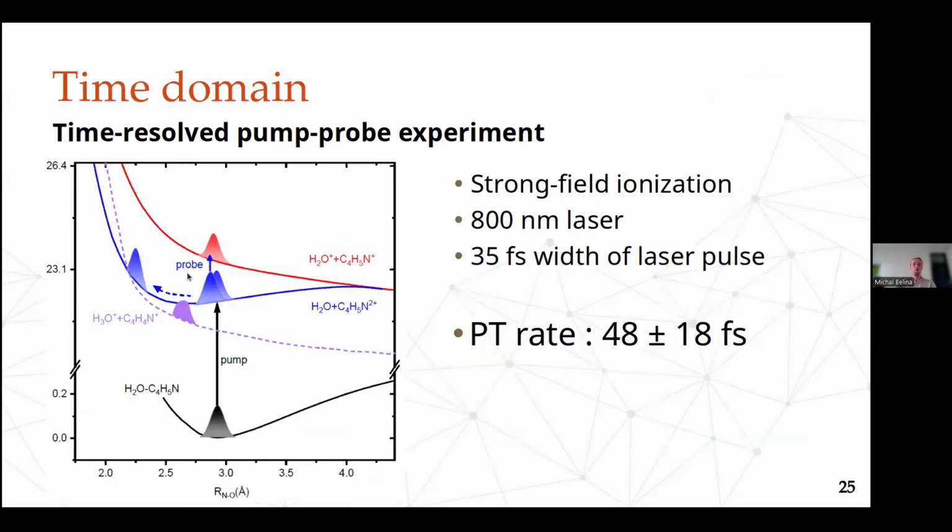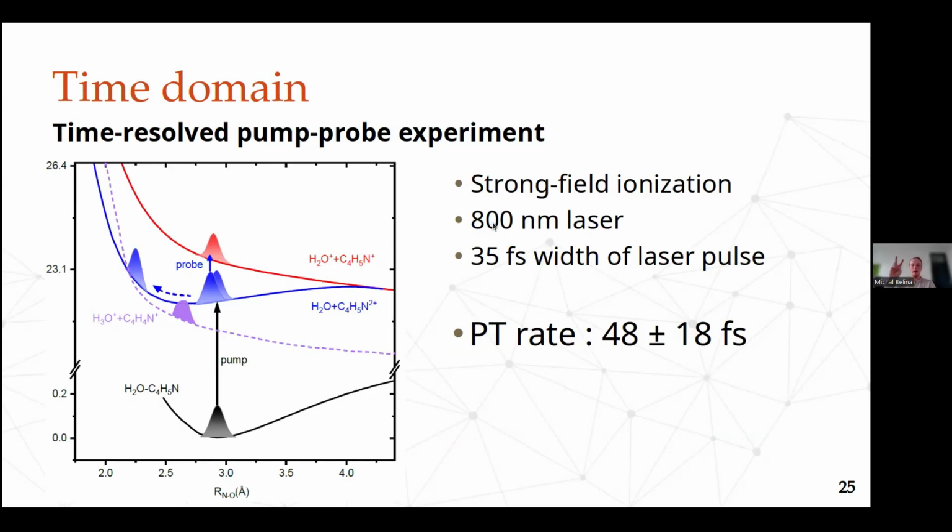Another experiment was conducted in the time domain, where they used strong field ionization and a pump-probe pulse. The advantage of strong field ionization is that you can ionize the molecule using, let's say, casual lasers.